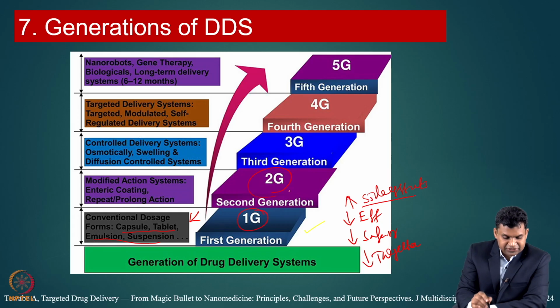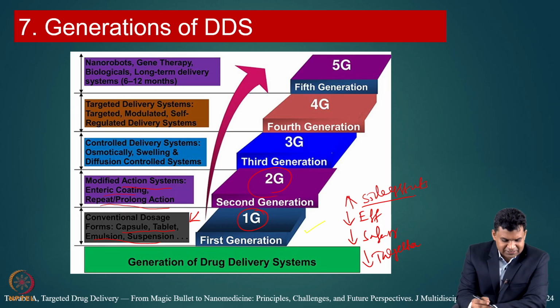Now, the second generation: modified action systems, enteric coating and repeat prolonged systems. As we know, enteric coating will release in the intestinal pH, so it will protect the drug molecules from acidic conditions. So, if your biological molecules are pH sensitive, you need to convert them into modified action systems by using enteric coated polymers, and with some other polymers we can prolong the action.